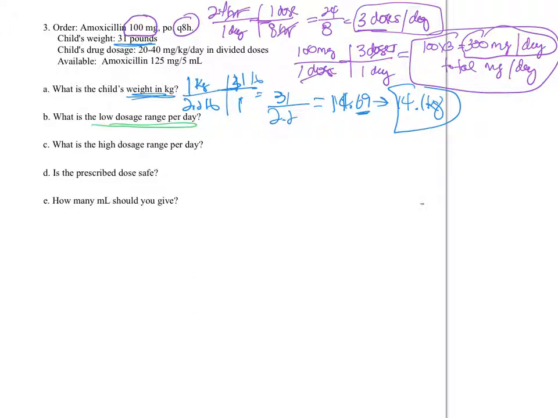So the next thing we're going to do is look at the low dosage range per day and the high dosage range per day. First, the low dosage range per day, as we see up here in our range, is 20 milligrams per kilogram per day in divided doses.